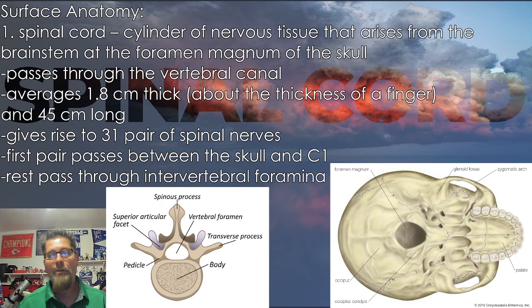But then it passes through the vertebrae, basically around it, and I added a picture of a vertebra here right next to me. You can see that foramen, vertebral foramen, that the spinal cord can be in. And when we look at pictures a couple of slides from now, we're going to see how the spinal nerves branch out in another foramen.